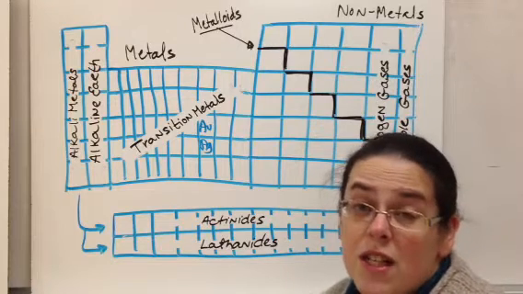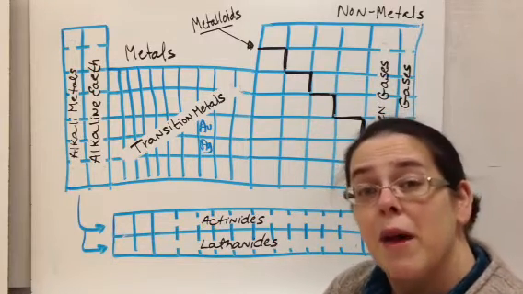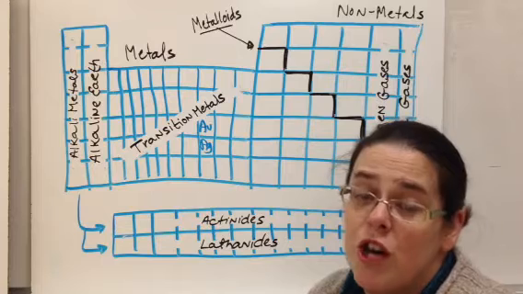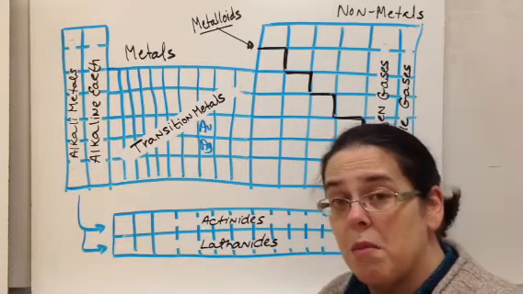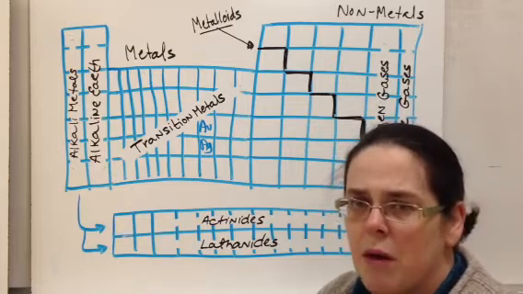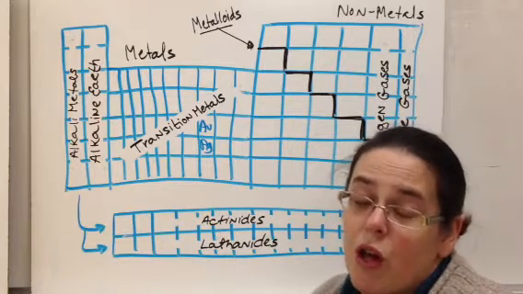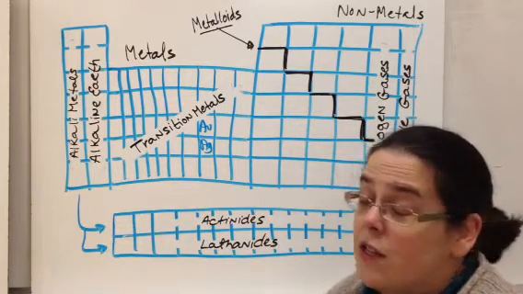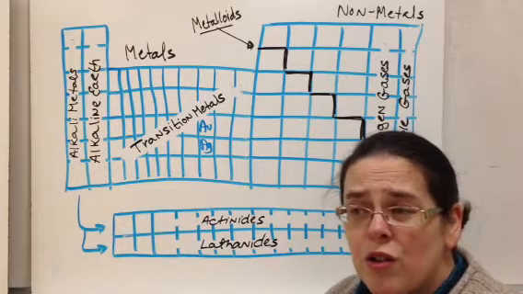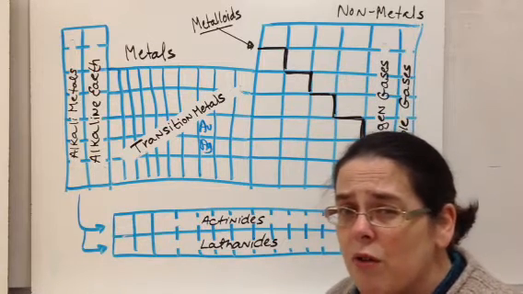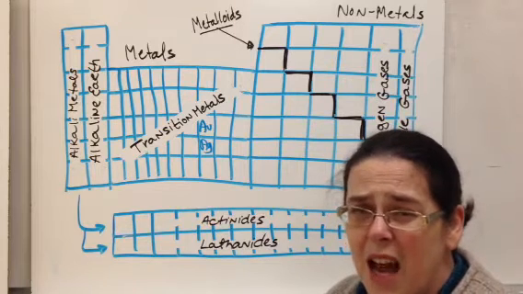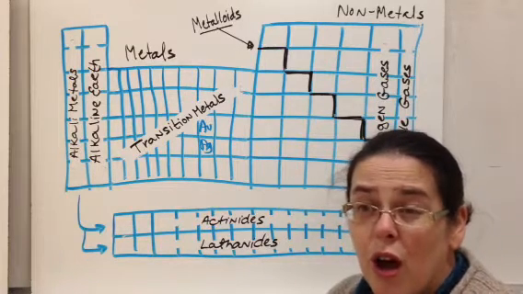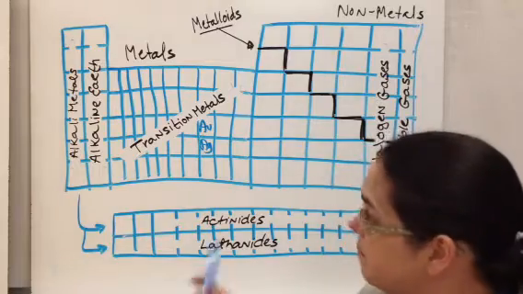Anything that touches that line is a metalloid, and that means that it shares some characteristics with the metals and some characteristics with the nonmetals. So if it touches that line, it's a metalloid, or it's also called a semiconductor. Those elements are sort of changeable in terms of, are they more like metals or more like nonmetals, and they can sometimes act as one or the other depending on what they're paired with.